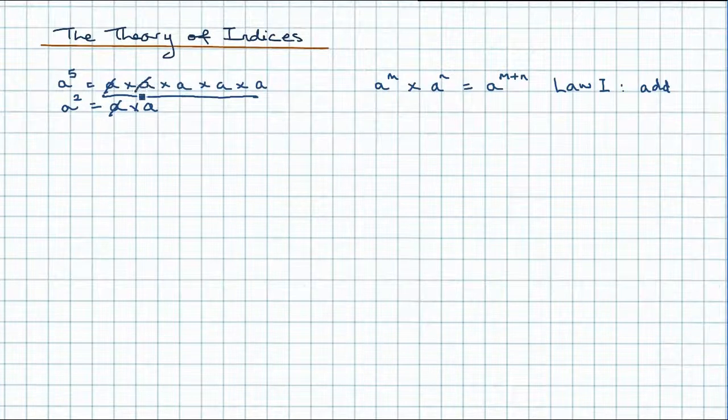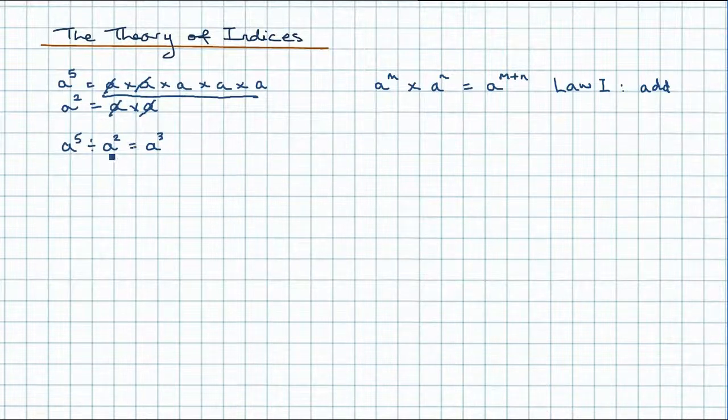And we can do the same again to these. We can cancel top and bottom, so that we now just have 1 at the bottom here. And so our result would be, if we write it out here, a to the power 5 divided by a squared gives us just a times a times a, which is a cubed.